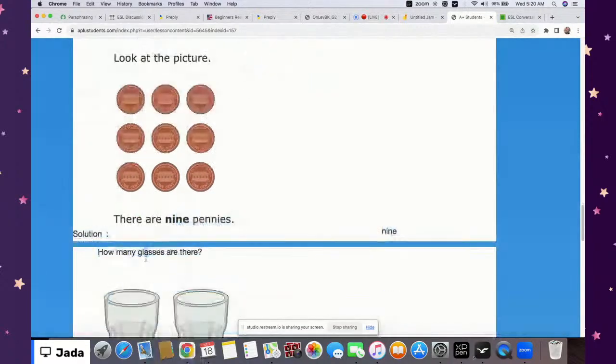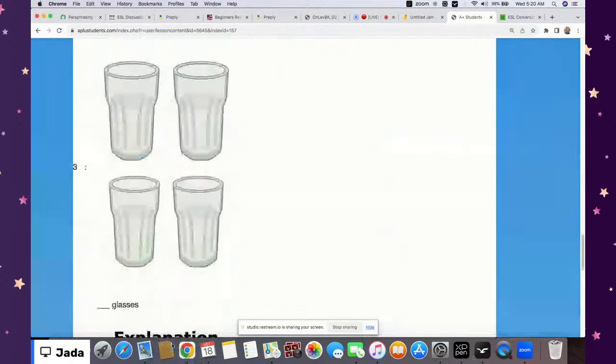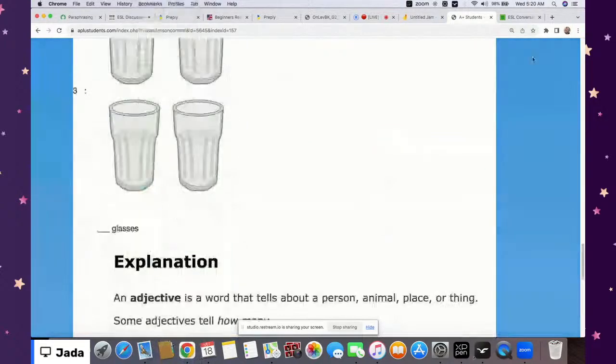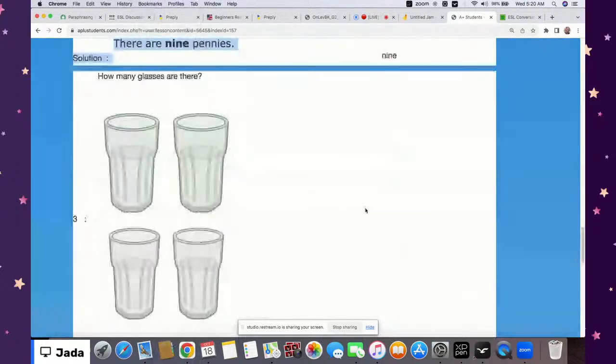Now, how many glasses are there? How many glasses do we have here? Look at it carefully. All right, and then for the glasses, guys, can you send your answers?